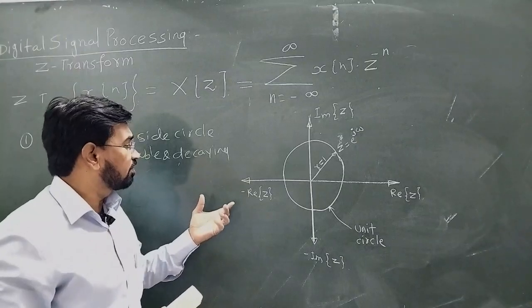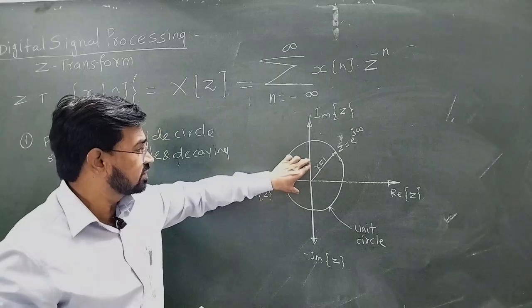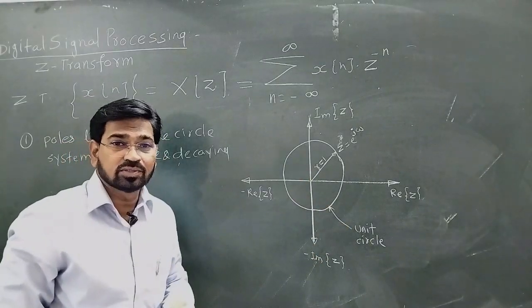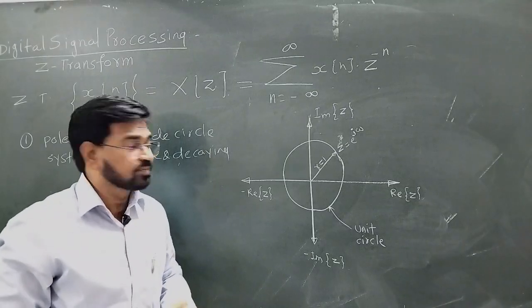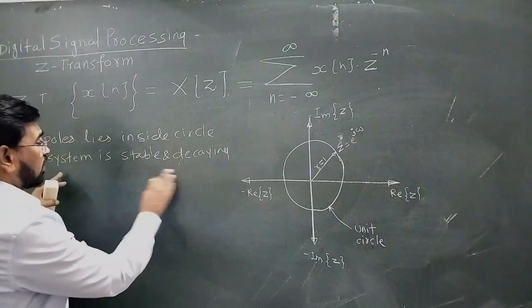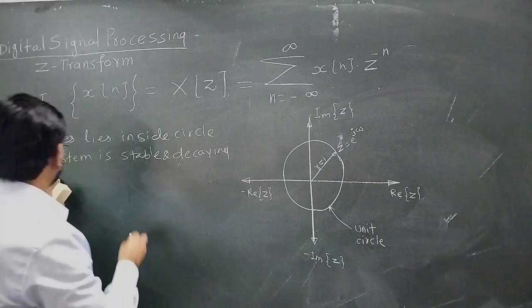Here in Z transform, the location of poles decides whether it is inside or outside, and describes whether it is a decaying response, a rising response or a sustained response. So, the system is stable and the response is decaying.